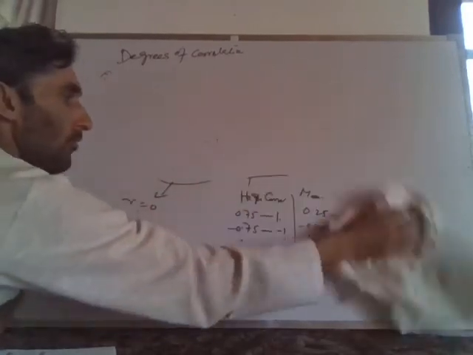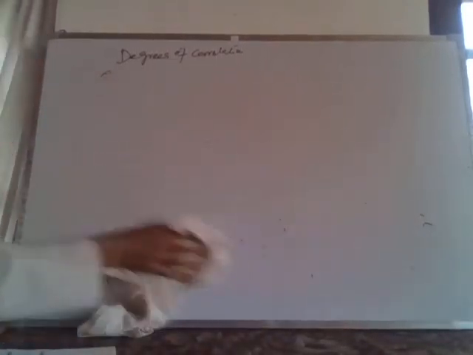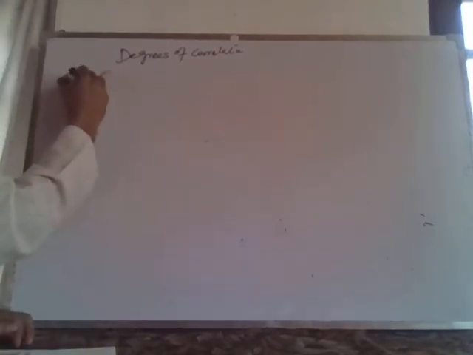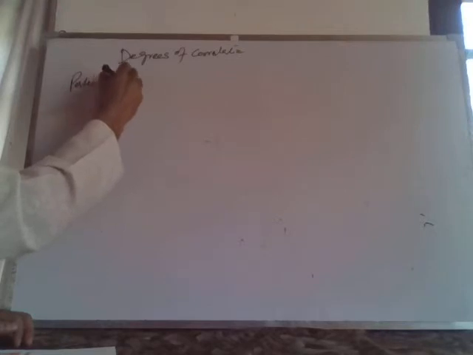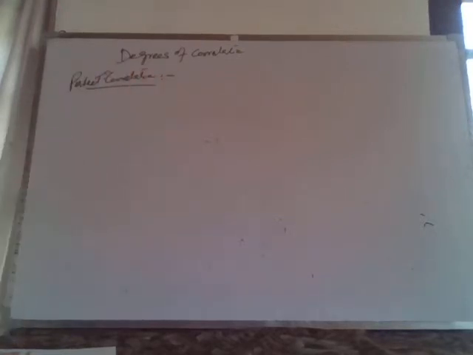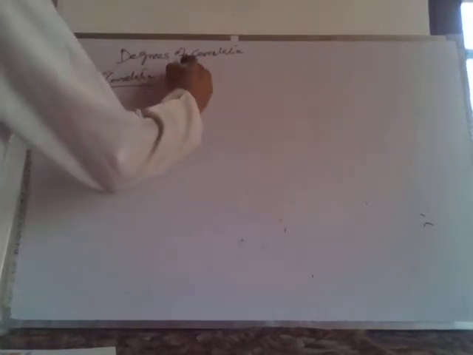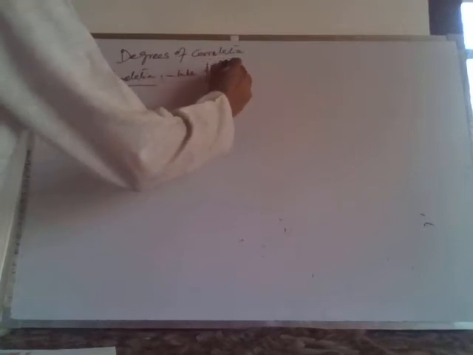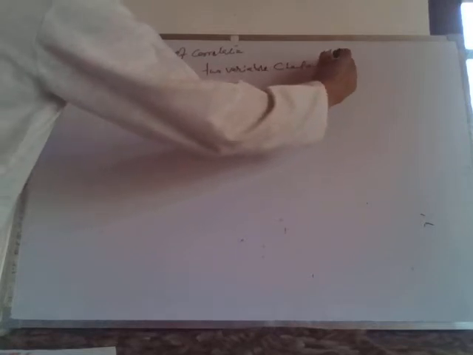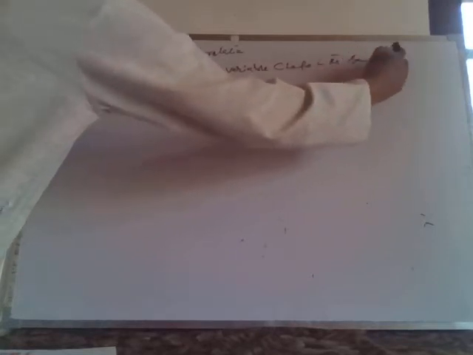अब हम एक एक करके इनको उठाएंगे. Now we will take them one by one. First we have perfect correlation. Perfect correlation means when two variables change in the same proportion, in the same or constant proportion.